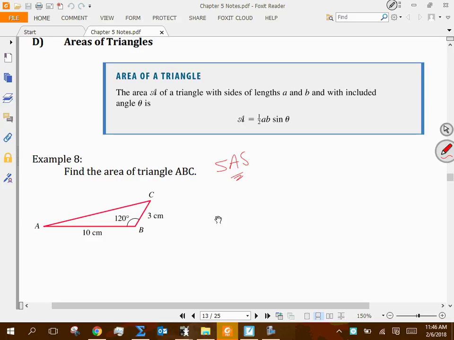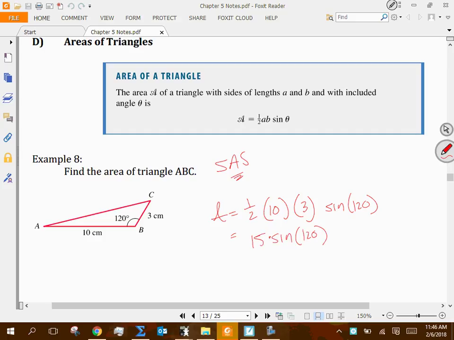So the area here is 1/2 the length of side a times the length of side b times the sine of 120. So obviously that's 15 times sine of 120.